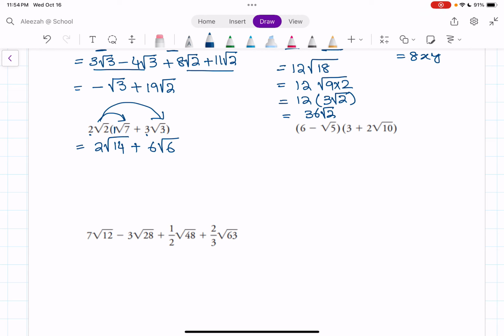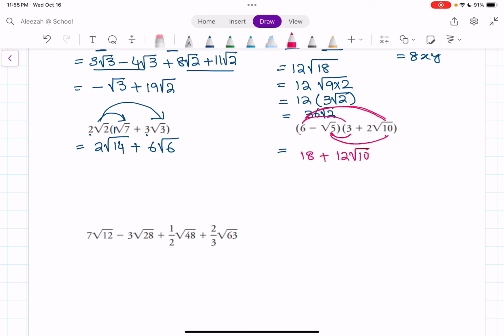Next question, I will use the FOIL here. So when I use the FOIL, I have to multiply this and then these two, right? So 6 times 3 is 18, and then 6 times 2 square root of 10 will be 12 square root of 10.